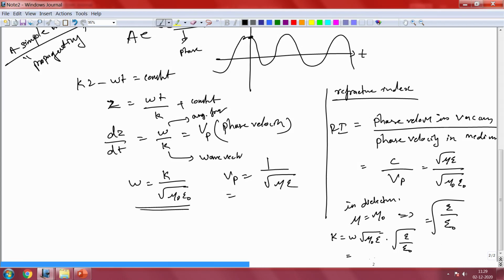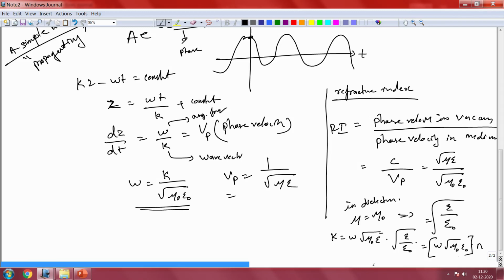So if you deduce this, what you would get is omega root of mu naught epsilon naught. Okay, I do not have space here, let me write it here. Omega root of mu naught epsilon naught, right, times refractive index n, all right. So this is how you could modify whatever we have for k, and now you can look at this.